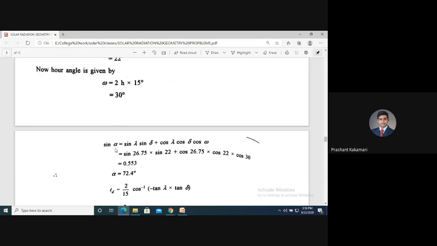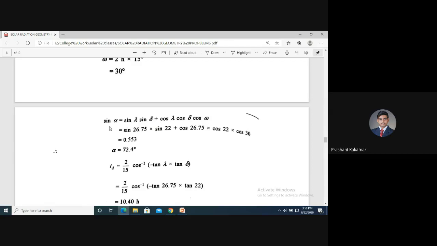Then we should know this correlation: sine alpha, that is the altitude angle. Sine alpha can be related with angle phi, delta, and omega like this.